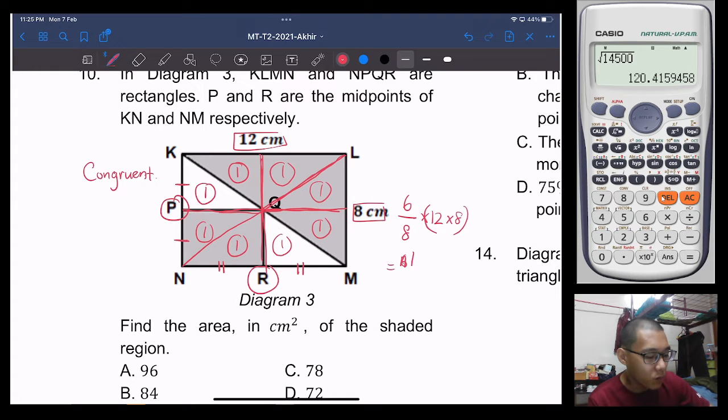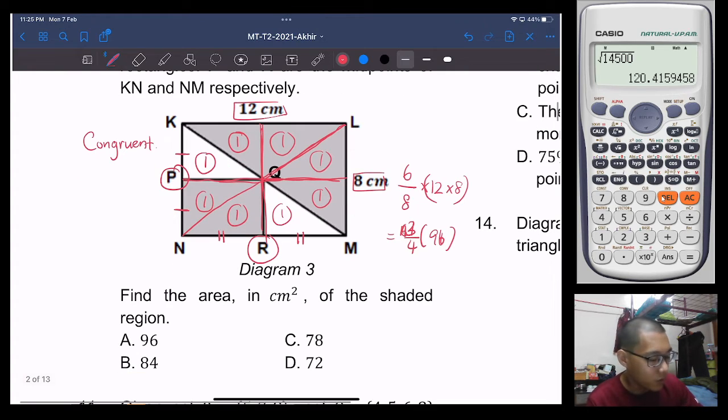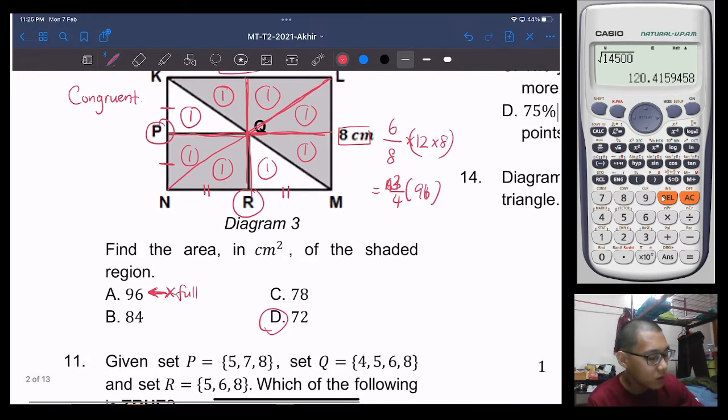So it is 3 over 4 times 96. The total area is 96, but we need to find 3 over 4, the three quarters. So the answer is 72. Okay, so that is the answer.